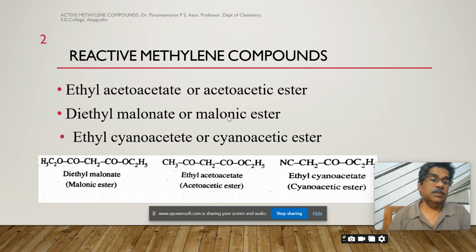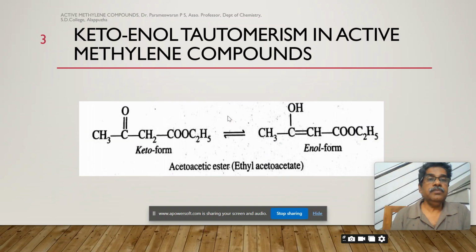But in our syllabus, we need to study only one of the active methylene compounds, which is acetoacetate or acetoacetic ester. Okay. Then one of the important phenomena shown by active methylene compounds is keto-enol tautomerism.